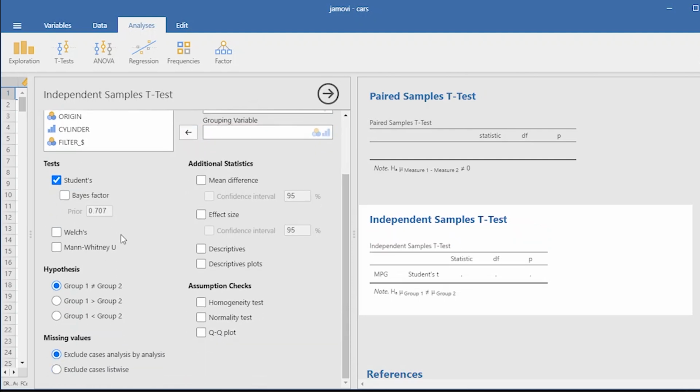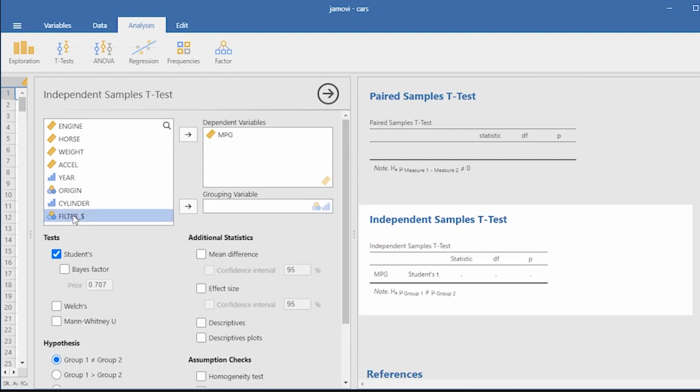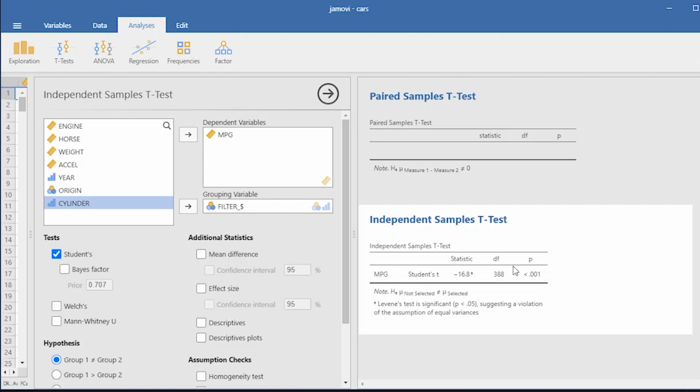Let me show you. For example, we have the filter. If you remember, some cars will be selected, others will not. If I bring this in, because there are two groups, it's possible now. What it is telling me is that the miles per gallon, in terms of the two groups, the cars that have been selected and the cars that have not been selected, is significant. It means that they are not the same.